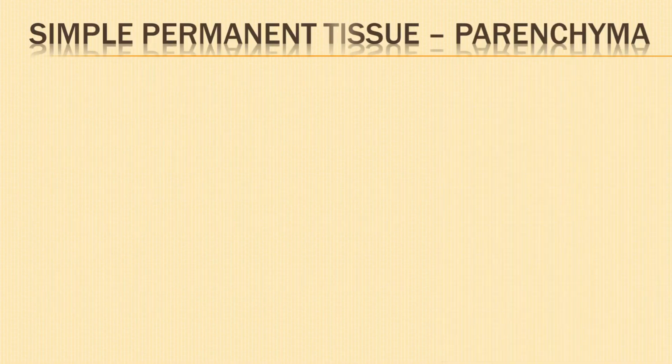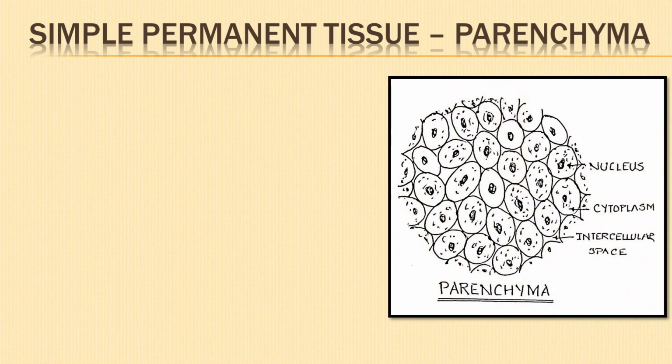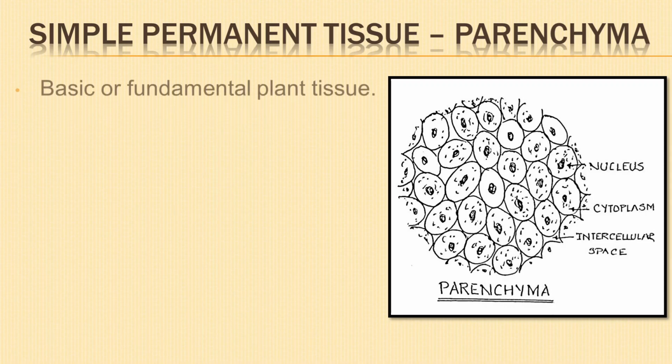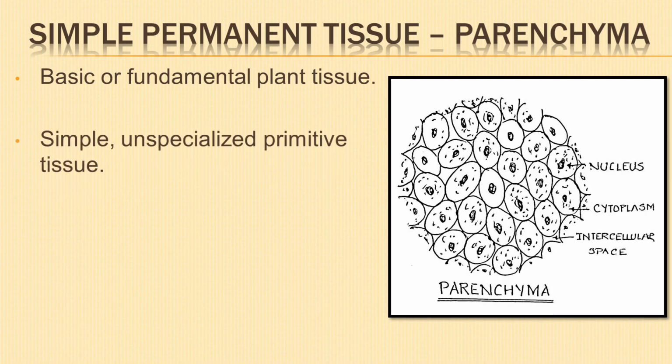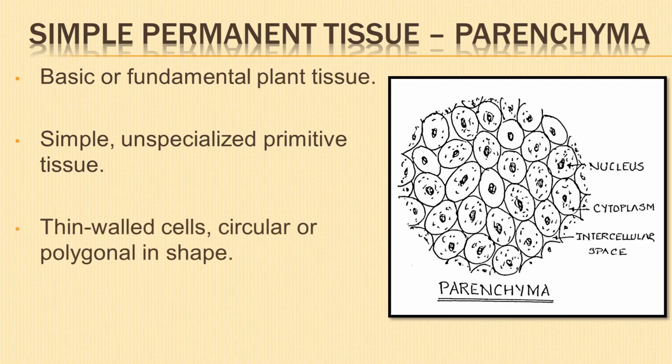Next, let us learn about the various types of simple permanent tissue. First, parenchyma. It is the basic or fundamental tissue found in plants. It is the most simple and unspecialized primitive tissue. It mainly consists of thin-walled cells, circular or polygonal in shape.